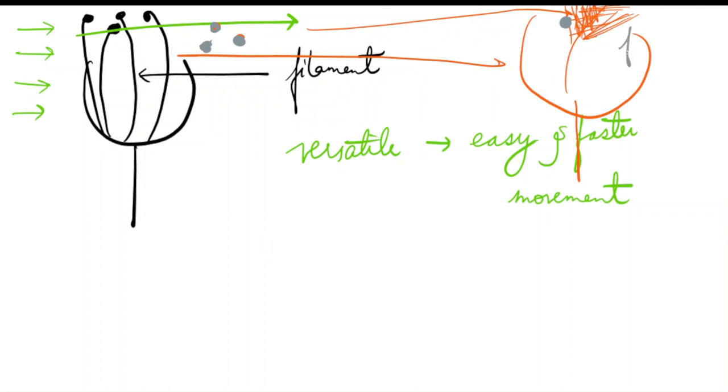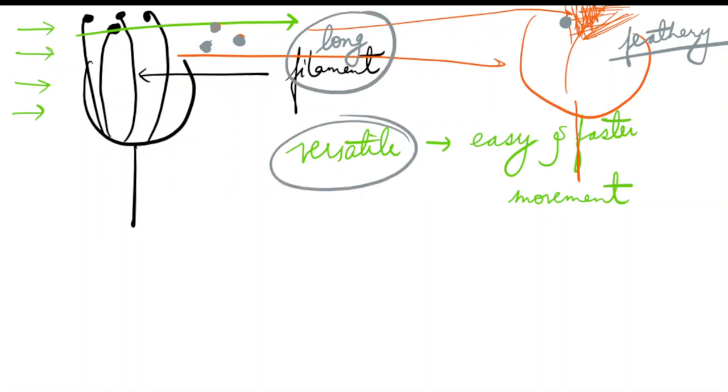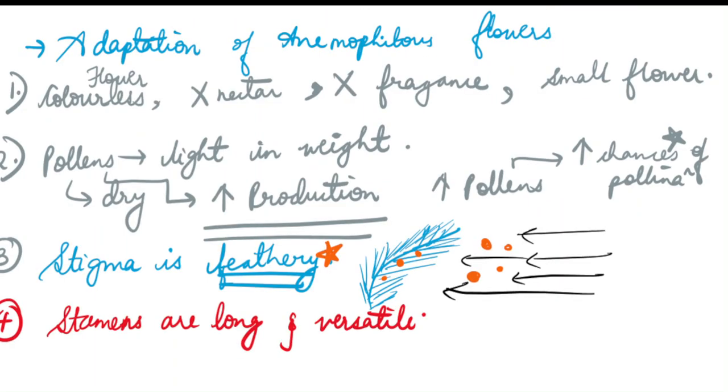So here the stigma is feathery, and the anthers have long filaments, which are very versatile. So you should remember these things. These are the adaptations of anemophilous flowers.